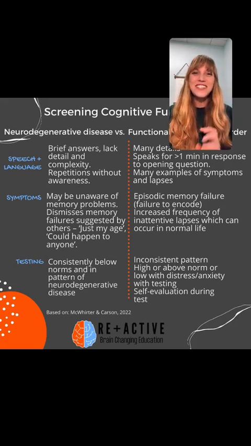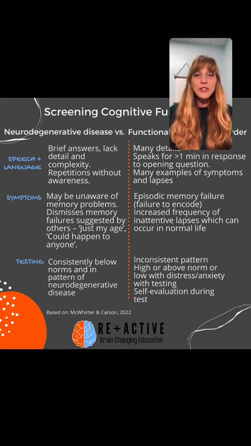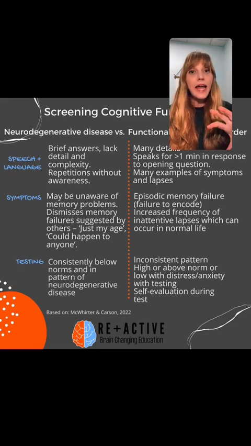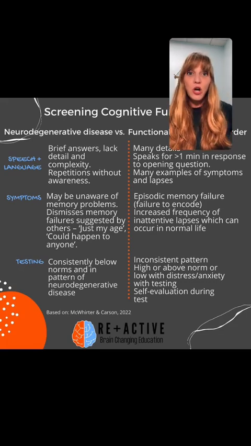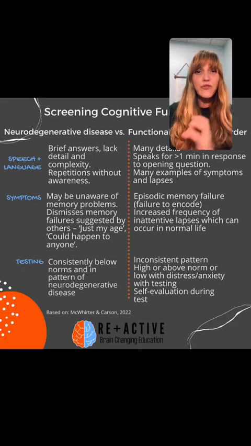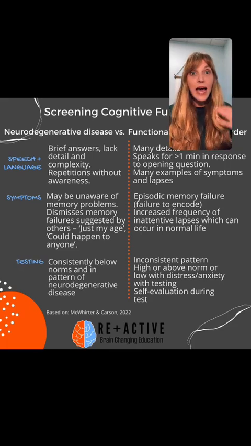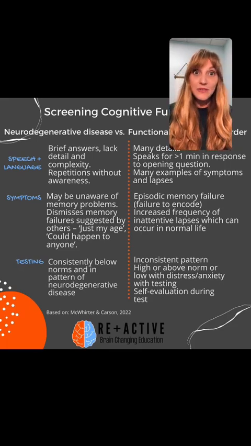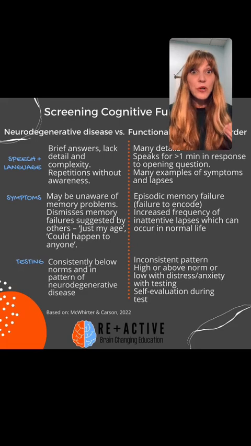So screening for these things is really, really important. And there are some key areas that help to differentiate functional cognitive disorder from a neurodegenerative disease. Now, one thing I will say, yes, I'm a physical therapist, but I've worked in neurodegenerative disease for the last 20 years. So I work with a lot of folks who have a neurodegenerative cognitive dysfunction.